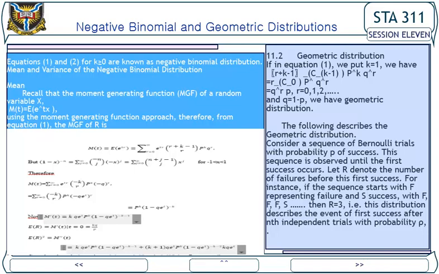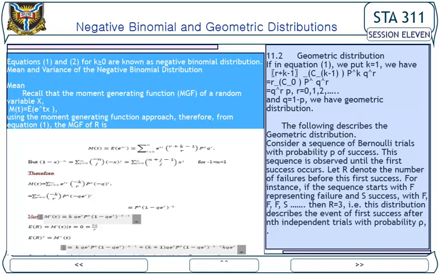Therefore, M of t is equal to, and E of R squared is equal to. Complete the solution using V of R is equal to E of R squared minus E of R squared.